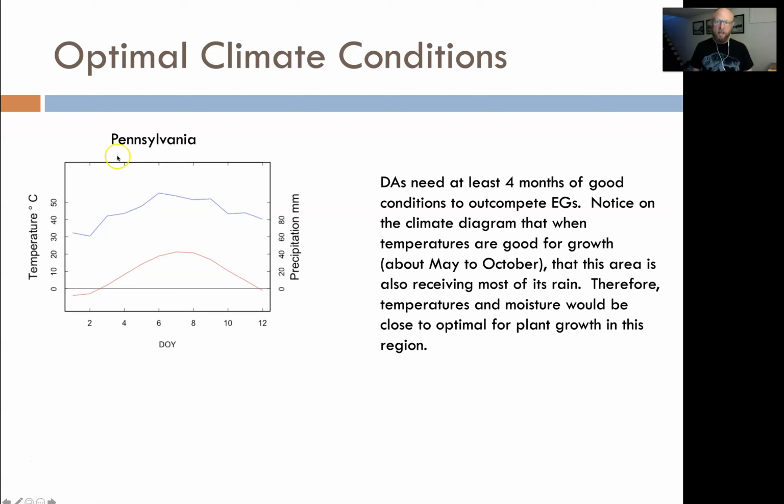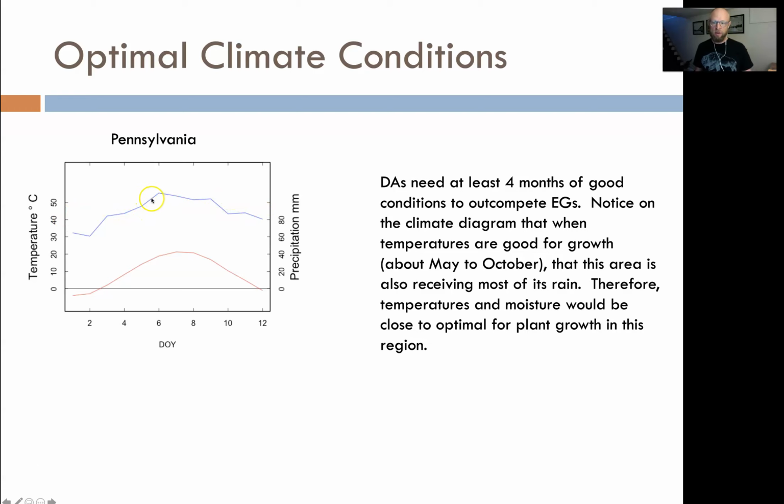And when we looked at the two figures early on in this lecture, one was from Pennsylvania and one was from the Cascade Mountains in Washington. Here again is the one from Pennsylvania. The difference between this one and the figure from the Cascades is that here in Pennsylvania, we've got precip that comes all year long and definitely comes during the growing season.